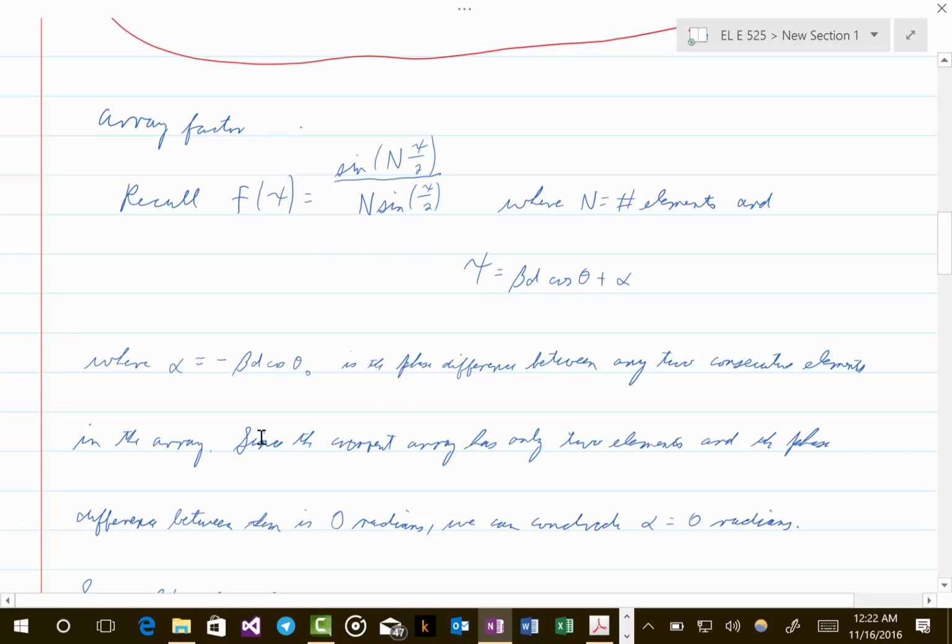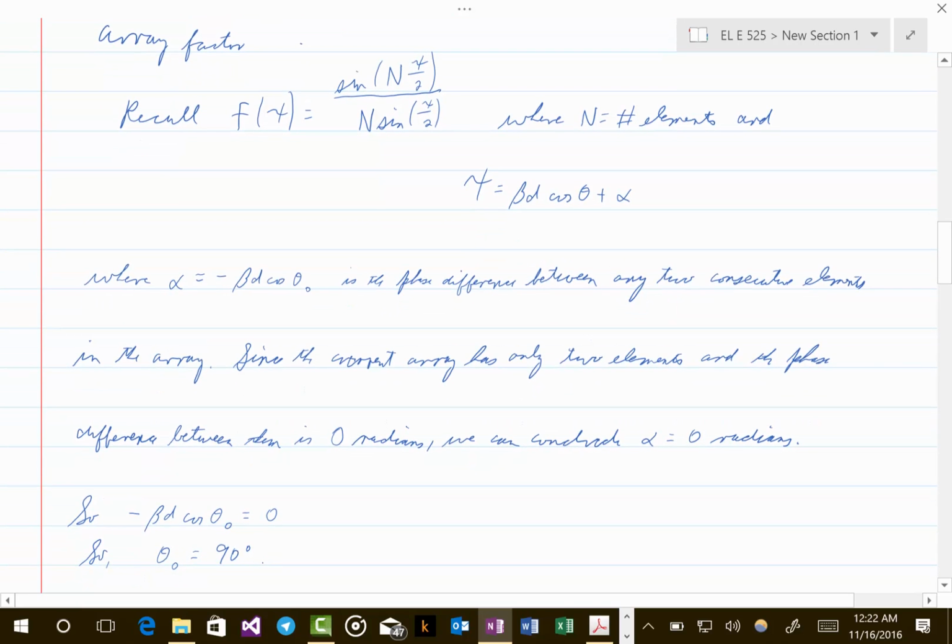Well, in this case, the array only has two elements, and remember we were told that the terminal currents have the same amplitude and the same phase, so the phase difference is 0 radians, and therefore alpha is 0 radians. So we can substitute that into this equation, and we get minus beta d cosine theta naught is equal to 0, which means that theta naught is equal to 90 degrees.